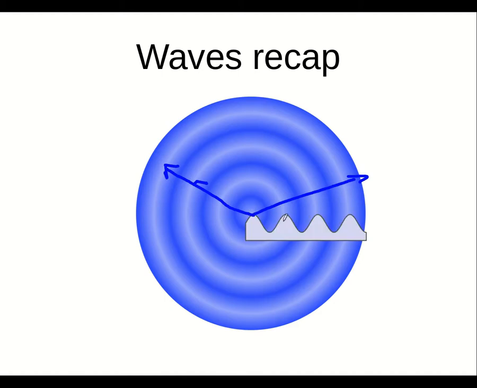Okay, so these white lines correspond to the peaks and the dark blue lines correspond to the troughs of the wave, and as the wave moves outwards, then the direction of that is determined by the arrow, which is at 90 degrees to these lines here, which we call the wave fronts.